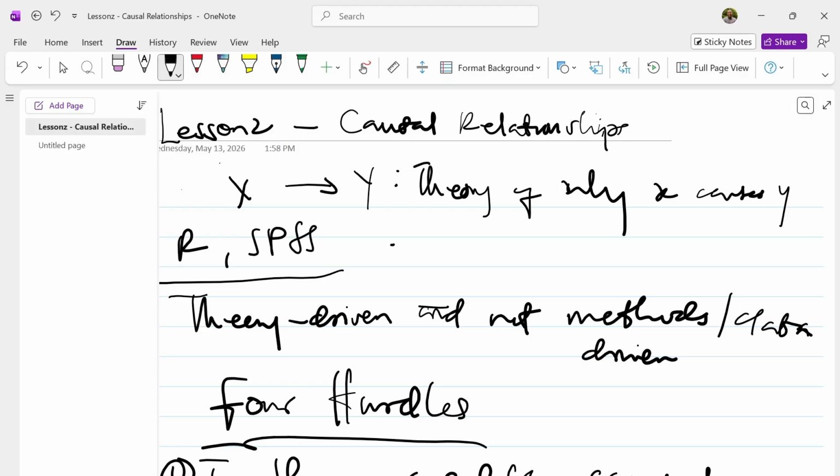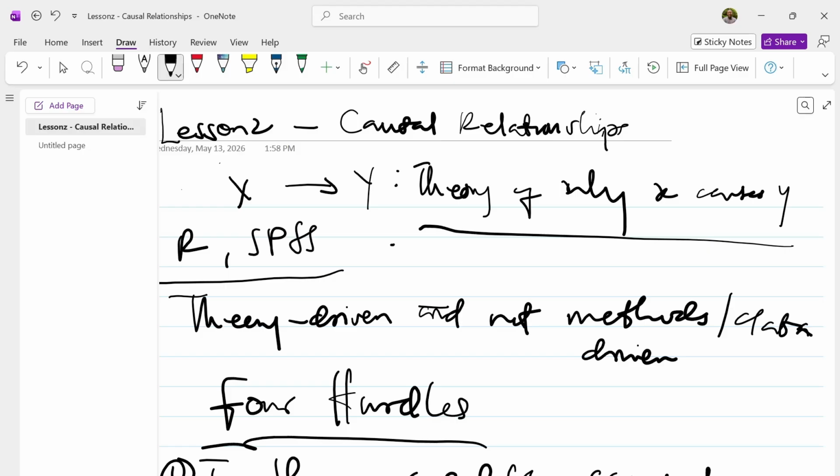To really make sense of the relationship between x and y, we really need a very good theory, okay? So as a social scientist, your work has to be theory driven, and not methods driven, and not data driven as well. You want to have a very good theory of why x causes y, and then go out to test it, okay?